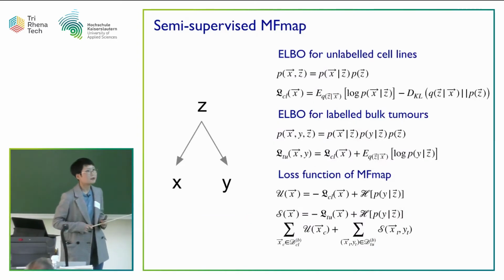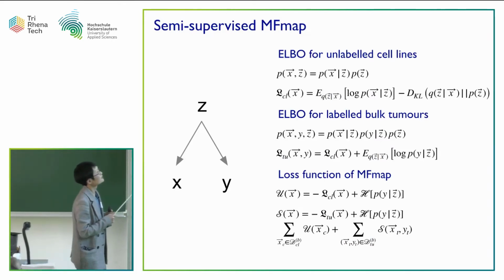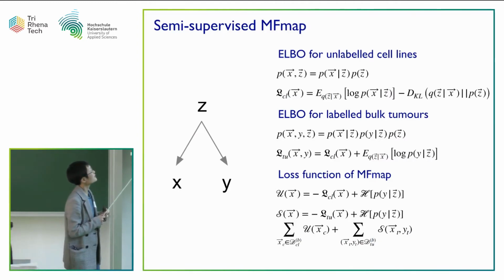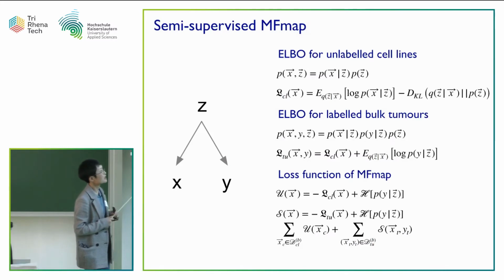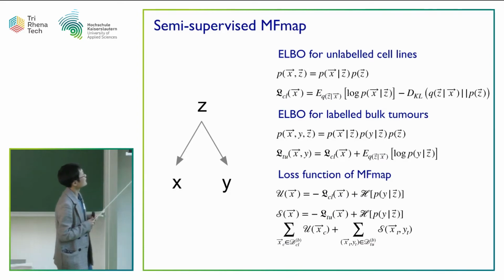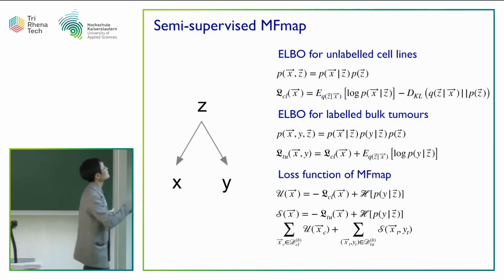In order to implement such an accurate model, we consider such a diagram. We thought the latent representation determines both the features X and the subtype labels Y, and from a probabilistic perspective, we can write the evidence lower bound for unlabeled data as a general VAE, because we don't have this branch.